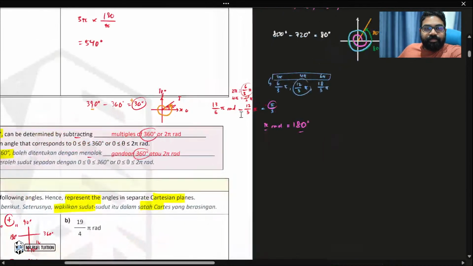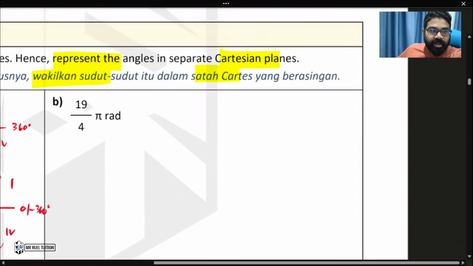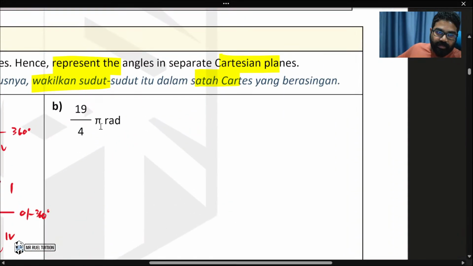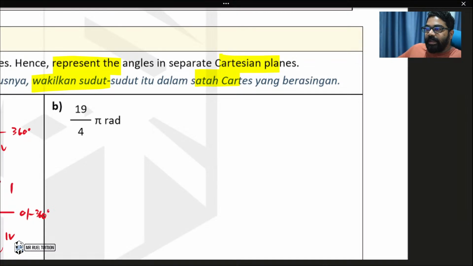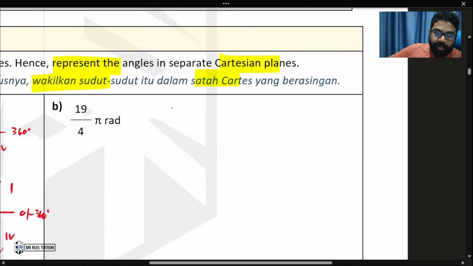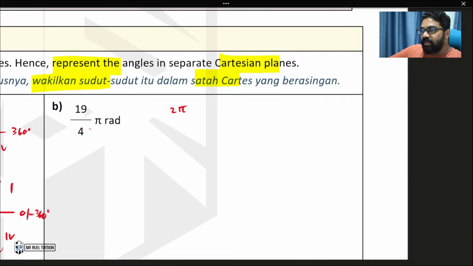Okay. Come. Let's look at B class. 19/4 pi. So, apakah gandaan 2 pi paling besar di sini? What is the largest multiple of 2 pi in here? Check and see lah. So, 2 pi, kalau kita tulis dalam pecahan dengan penyebut 4, if you write it as a fraction with the denominator of 4 is what?